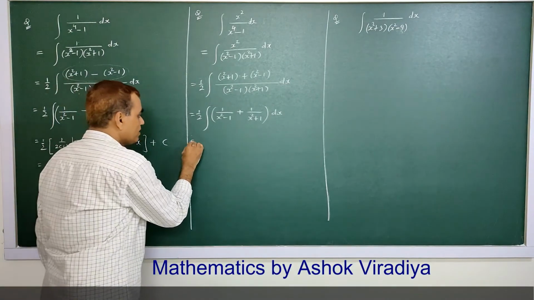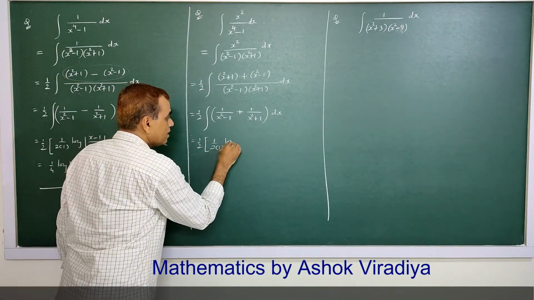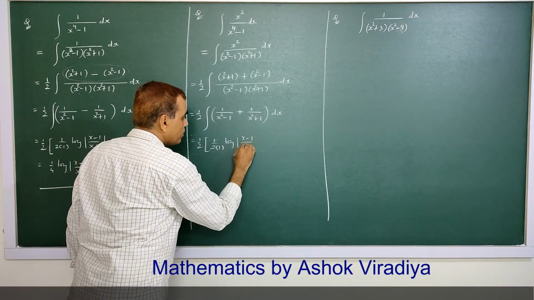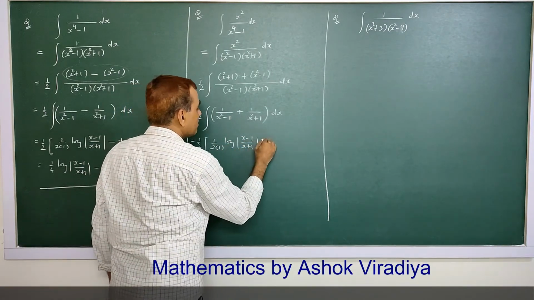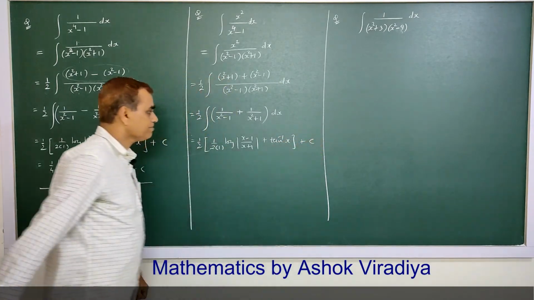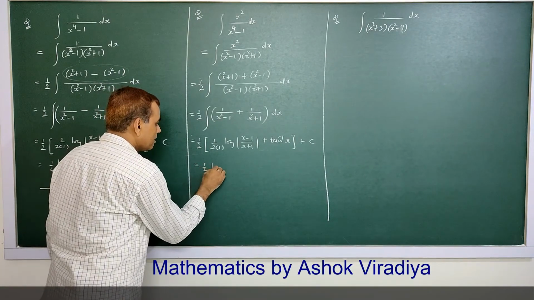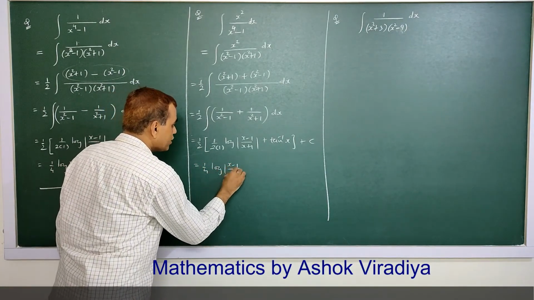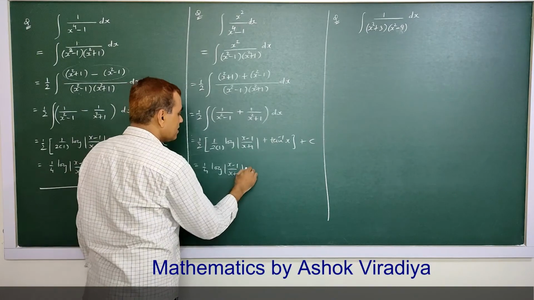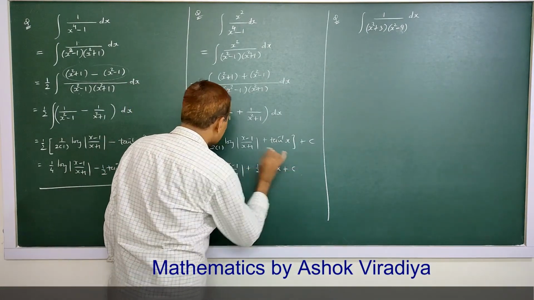That is 1 by 2 times 1 upon 2a log mod x minus 1 upon x plus 1 plus tan inverse x plus c. So it is 1 by 4 times log mod x minus 1 upon x plus 1 plus 1 by 2 times tan inverse x plus c.